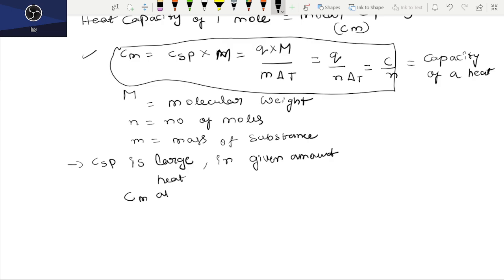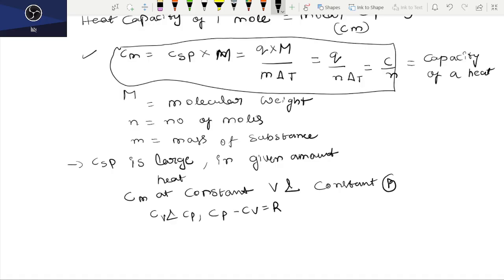If Cm is at constant volume V and constant pressure P respectively, we have Cv and Cp values. Cp minus Cv is equal to R. That implies Cp is equal to delta H by delta T at constant P, and Cv is equal to delta U by delta T at constant V.